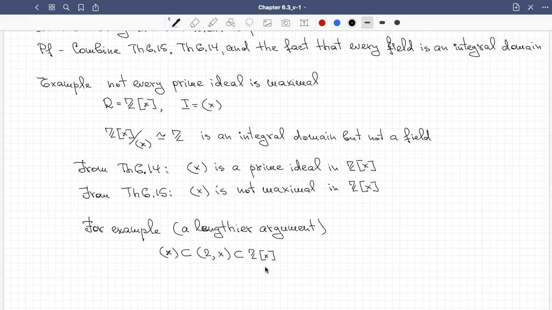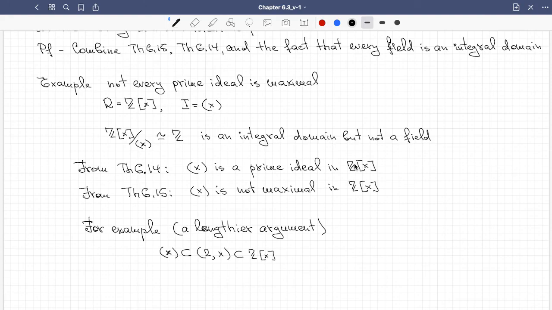So the ideal X is indeed not maximal. To prove these inclusions is not difficult but a much lengthier exercise than what we just did using the two pretty powerful theorems.